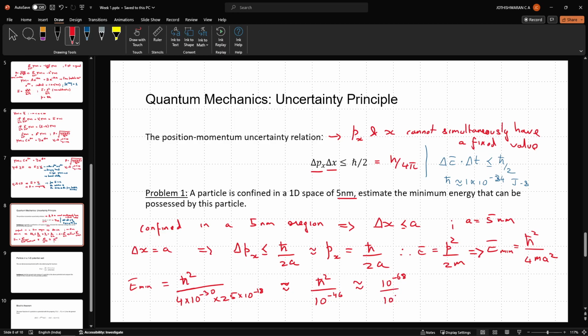So here in the denominator I'll have 10 to the power minus 46. So this gives me something to the tune of 10 to the power minus, did I miss something here? No, I didn't.